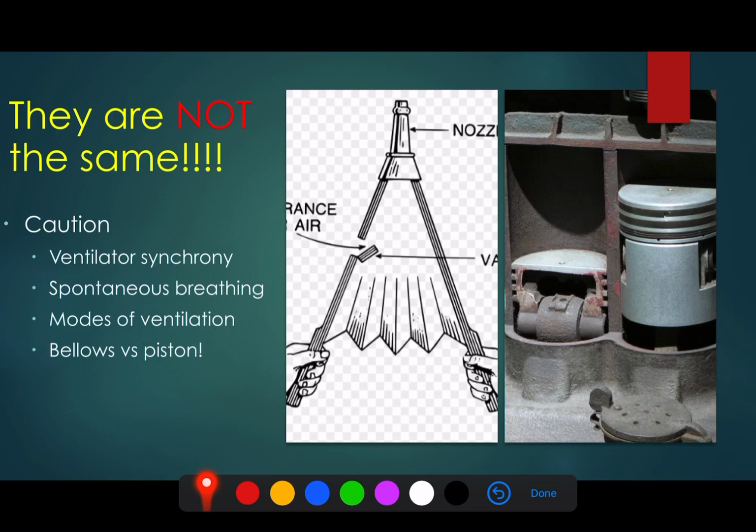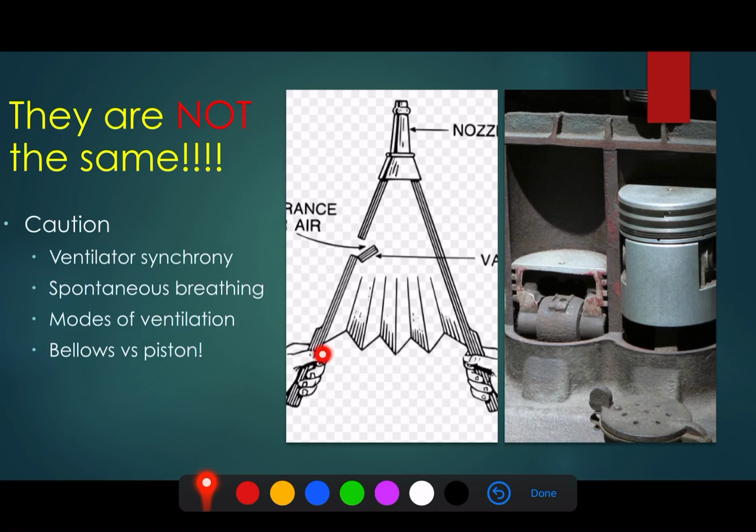So you can get much more guaranteed volumes of gas when you're using an intensive care ventilator, and also your pressure modulation is slightly more accurate because you know the dimensions of this piston, you know the amount of time that the piston has gone down, and you know the size of the chamber. And so you can vary these things with great accuracy. With the old, what we call bag and bottle, or the bellows method of the anaesthetic machines, it's a lot less accurate to be able to do this.